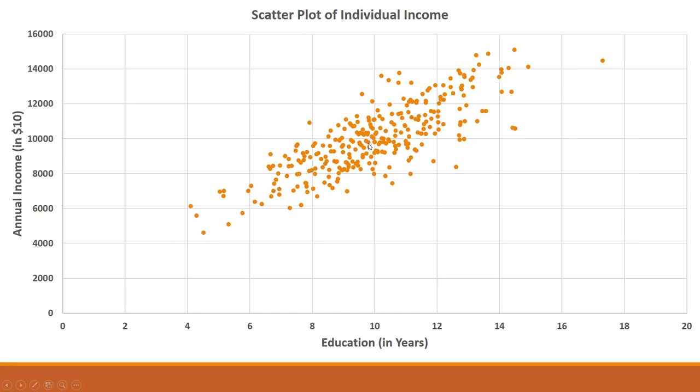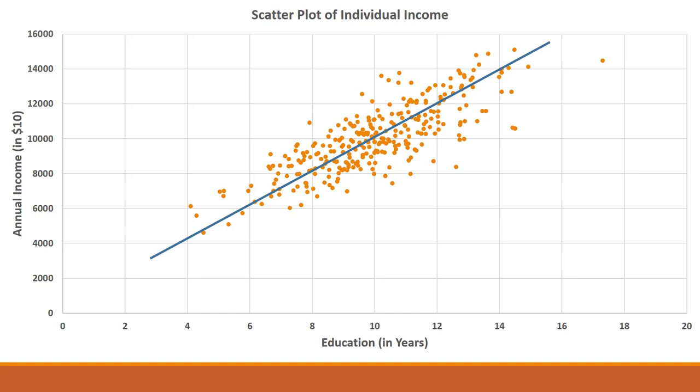All right, so let's say we plotted our linear relationship between income and education. We could take our linear function and graph it on the scatter plot, and this would give us the general trend in the data.